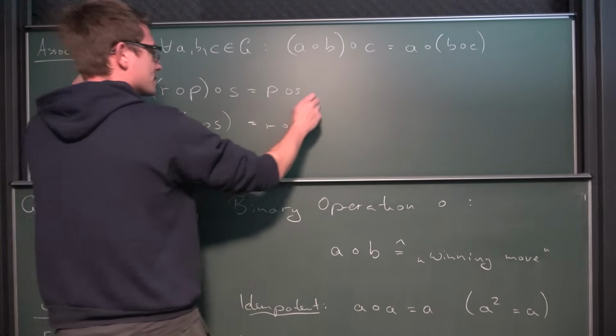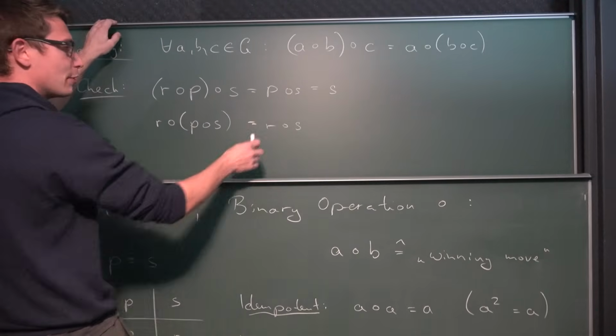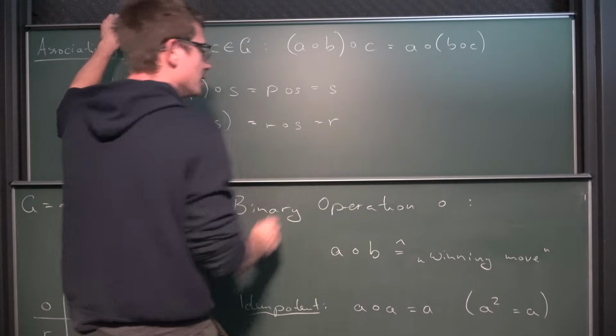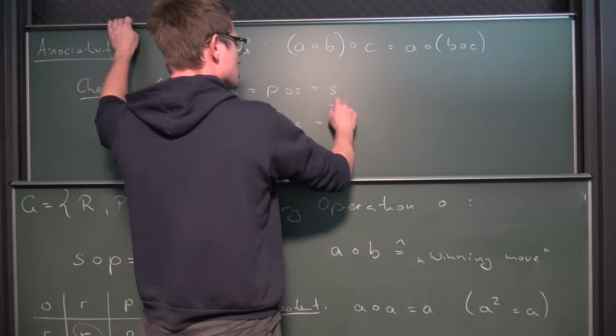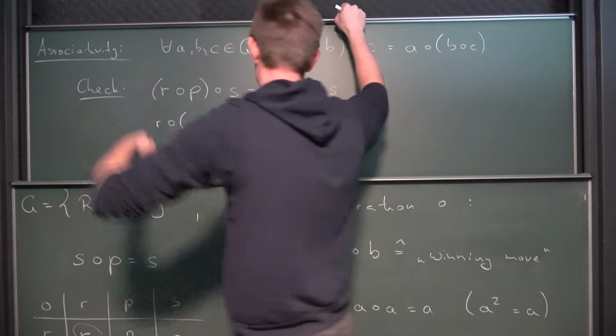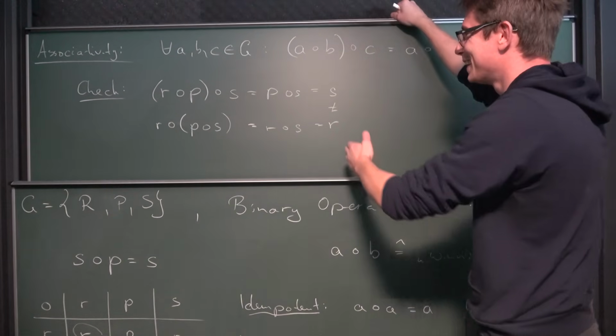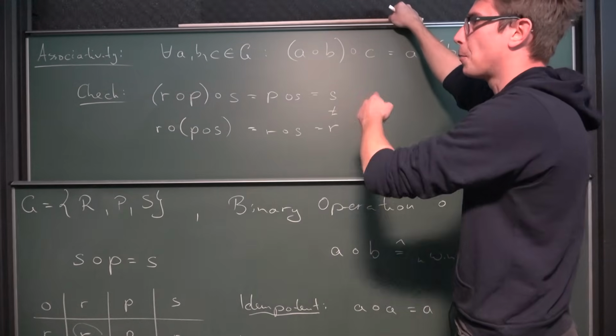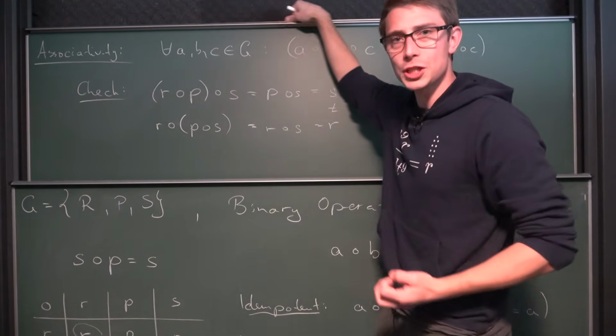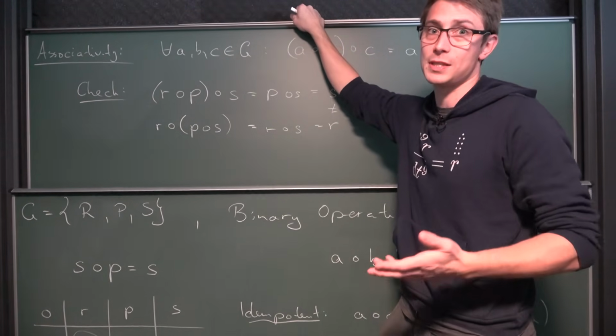If we have paper against scissors, our winner is going to be scissors. If we have rock against scissors, rock is going to be our winner. Meaning those two are sadly not the same. Meaning our operation is not associative, meaning we sadly don't have a semigroup.